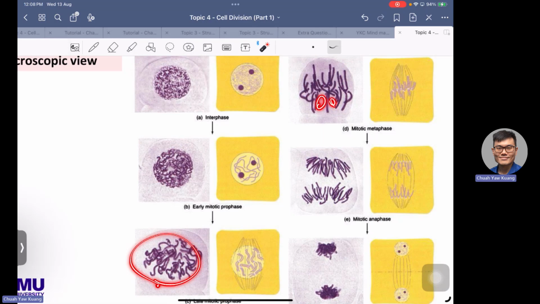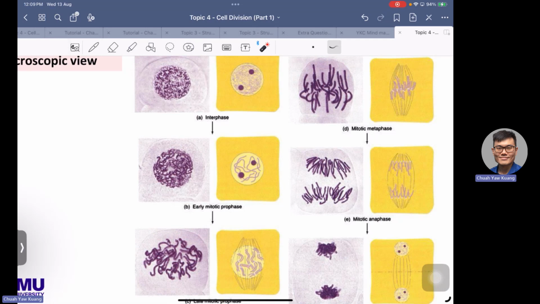Because when it's aligned at the metaphase plate, there will be a bigger space in between.